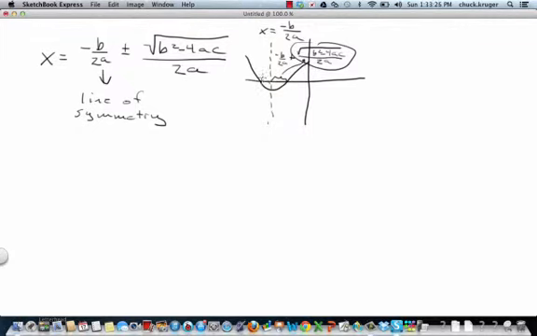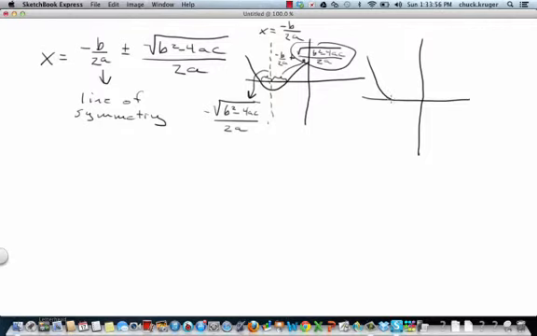Likewise, this amount is a negative square root of b squared minus 4ac over 2a, because I'm subtracting that amount from the line of symmetry.